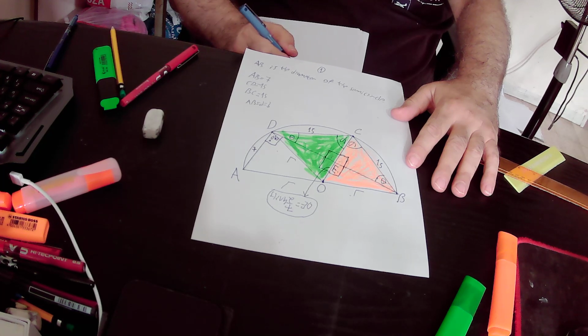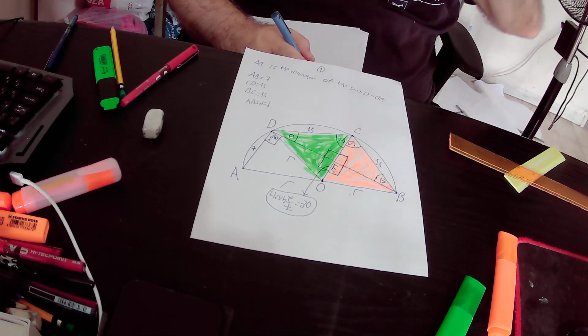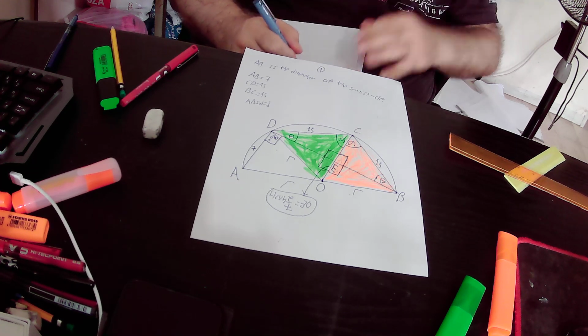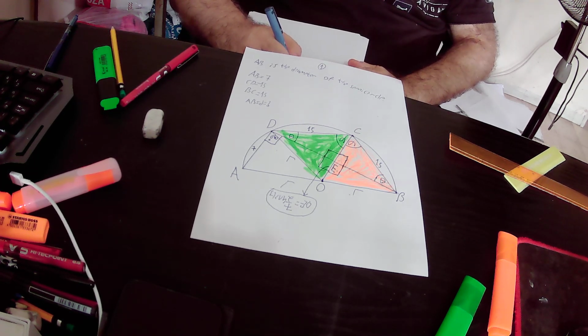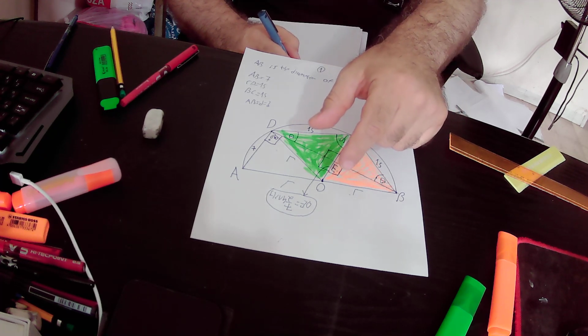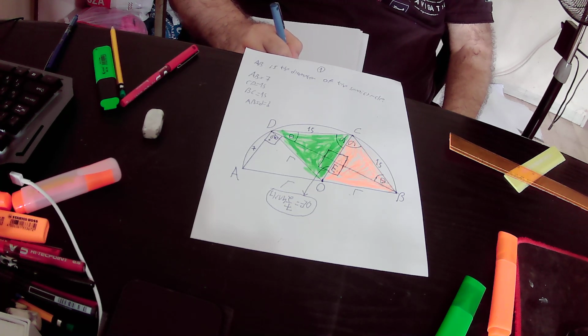And what is the value of OC? OC is the radius of this semicircle because it starts from the center of the semicircle, point O, and ends at point C, a point on the semicircle itself. So OC is the radius, and OE we have already found equals 7/2 units.